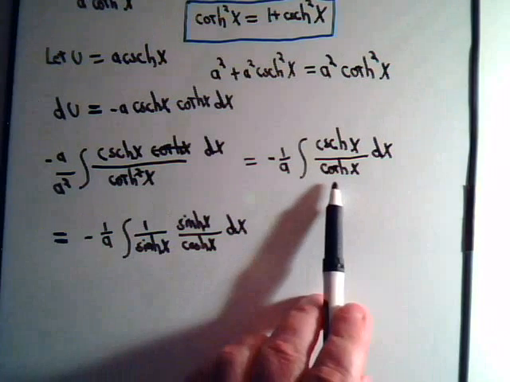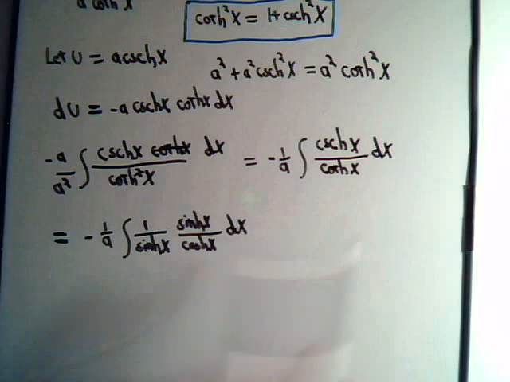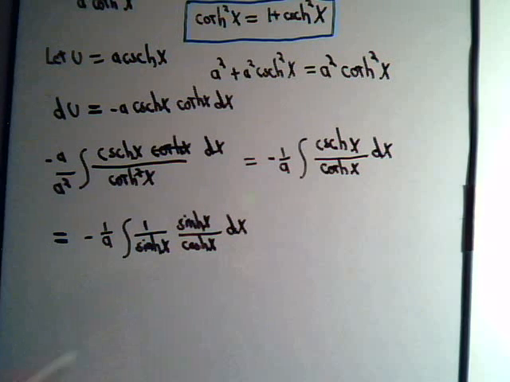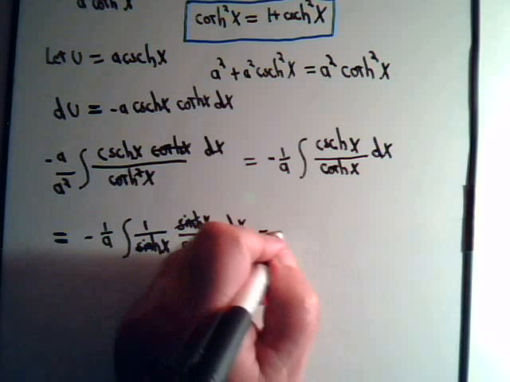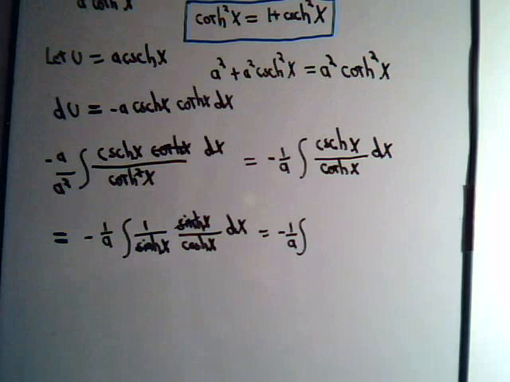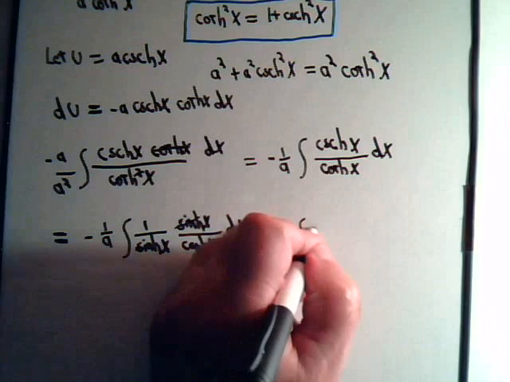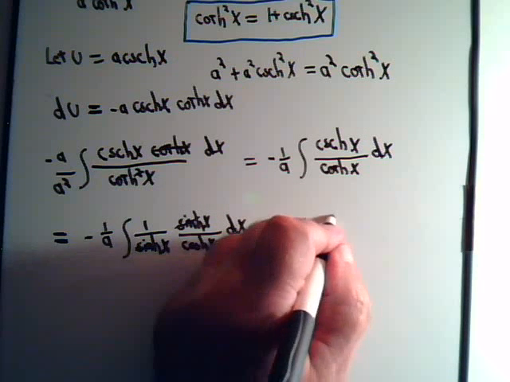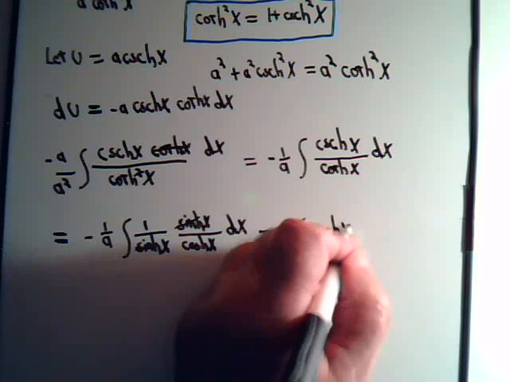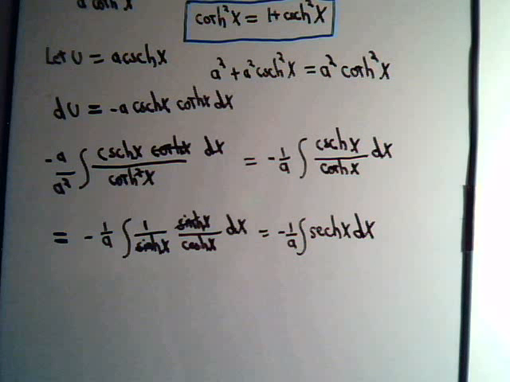This is the reciprocal of this, taking it from the denominator up to the numerator and multiplying. So this and this go away, and this equals minus 1 over a, the integral of 1 over the hyperbolic cosine, that is the hyperbolic secant of x dx.